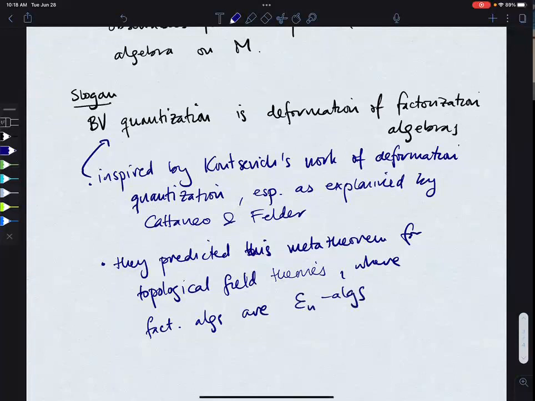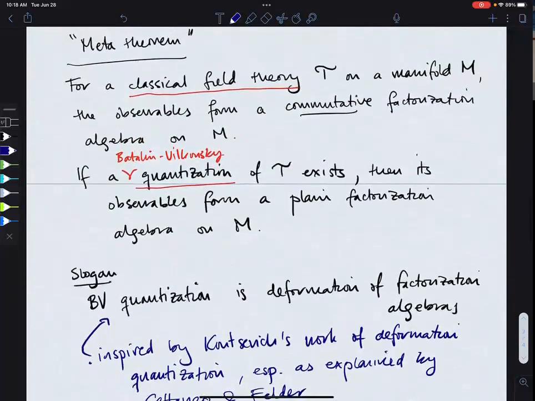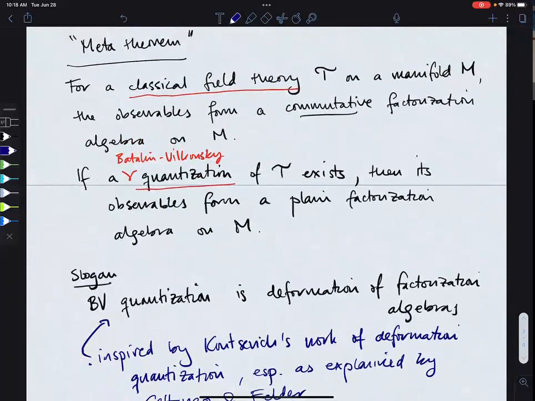So you don't need to know what that is. I'm just saying that there was a version of this meta theorem predicted ahead of time, and we found that in fact this point of view worked for a broader class of field theories. Okay.